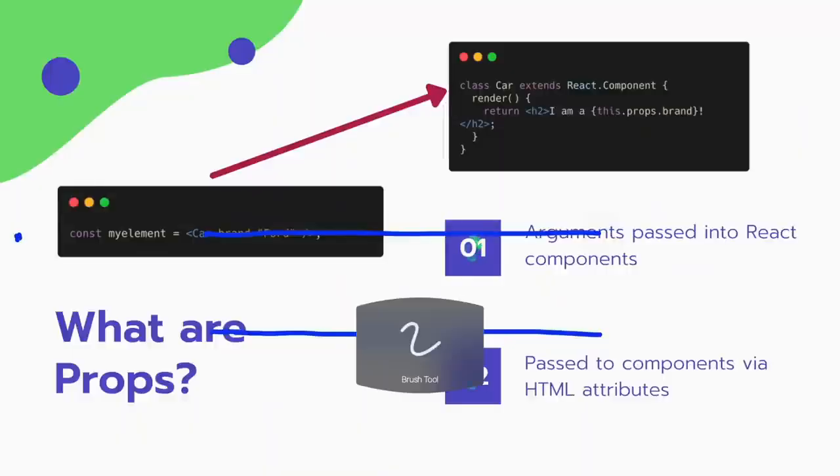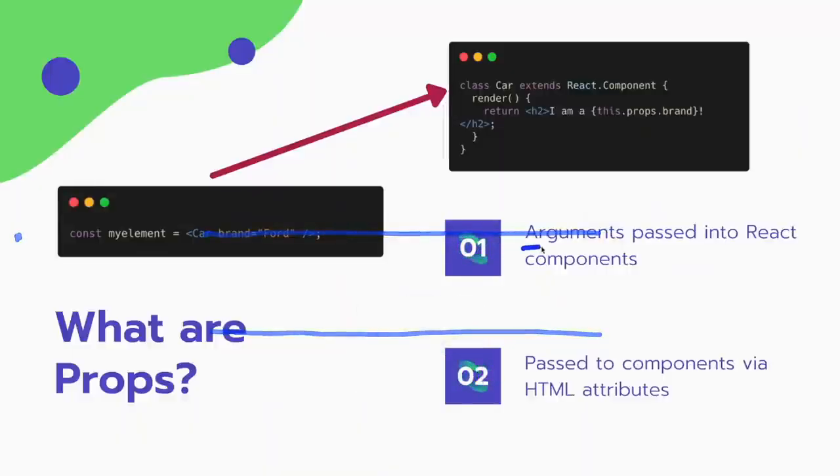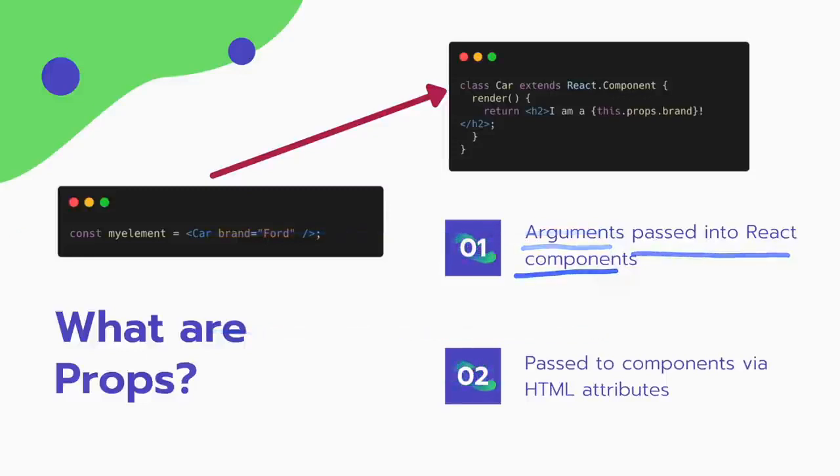What are props? Well, props are a pretty simple thing. They're arguments passed into React components. Think of them as functions. You know when you have a function, and you pass in, let's say, some name prop. Well, this is a prop, except you can pass that into an actual component. For example, here we have an element, car.